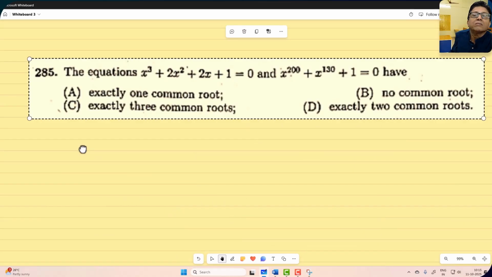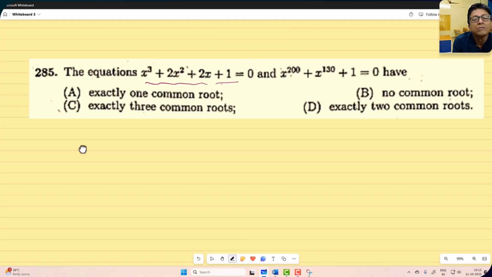This one: the equations have exactly one common root, no common root, exactly 3 or exactly 2. See, this one is a cubic equation. You can find its roots. This cubic equation, if you simplify, is going to be 2x into x plus 1 equals 0.